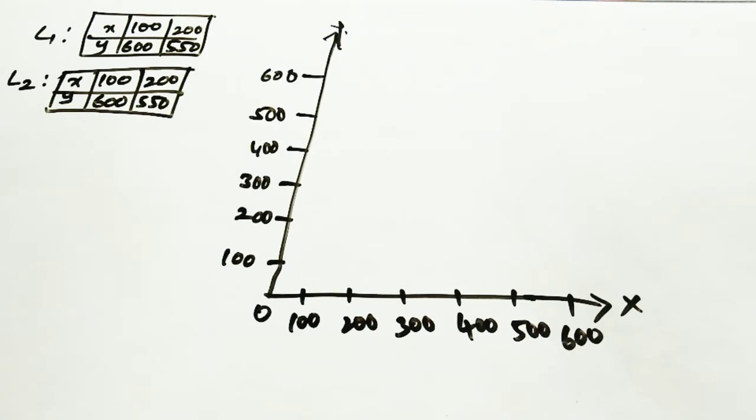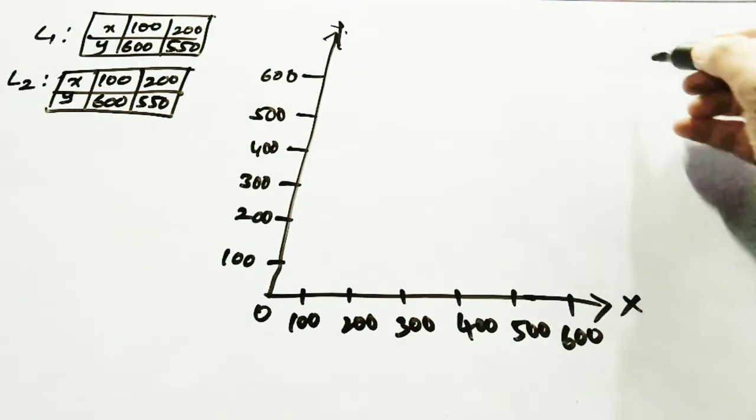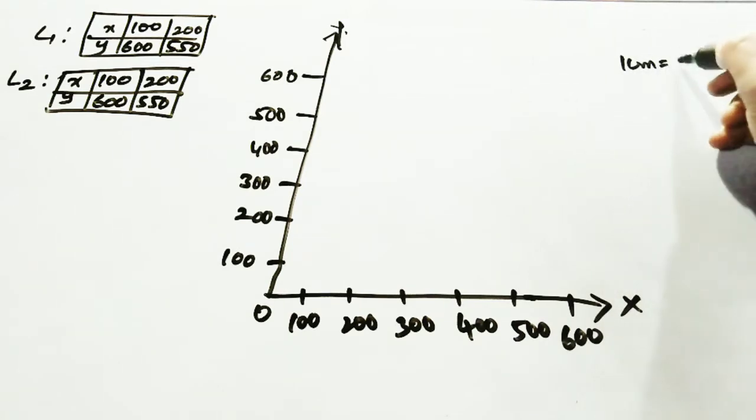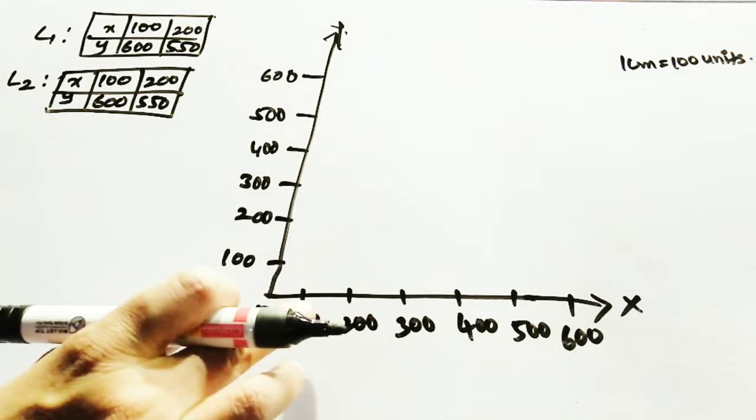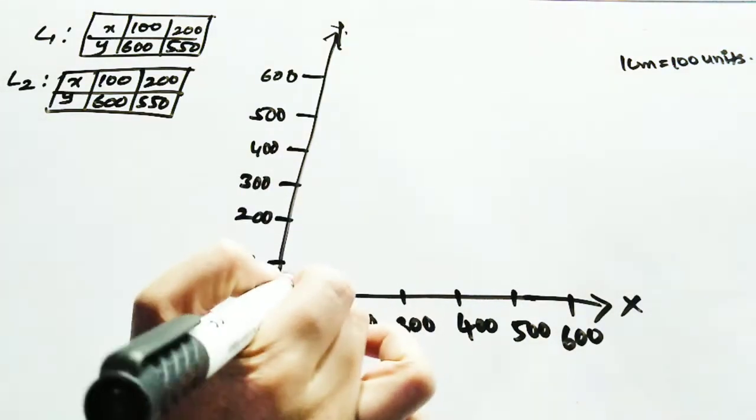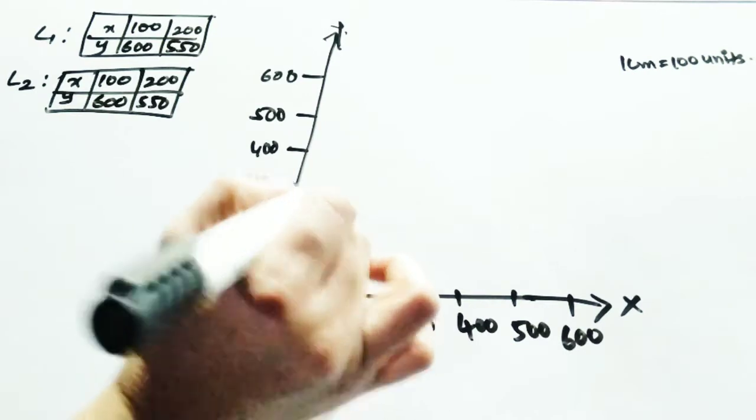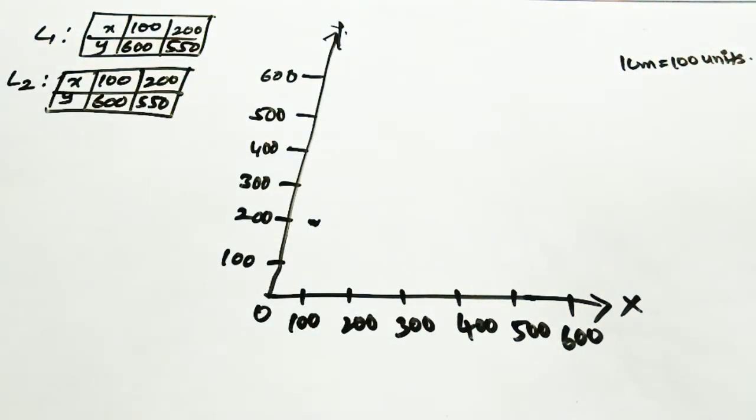Whenever you are using a scale, 1 centimeter is equal to 100 units. By using this you have to put the marks. Just take L1: x is 100, and y is 200.